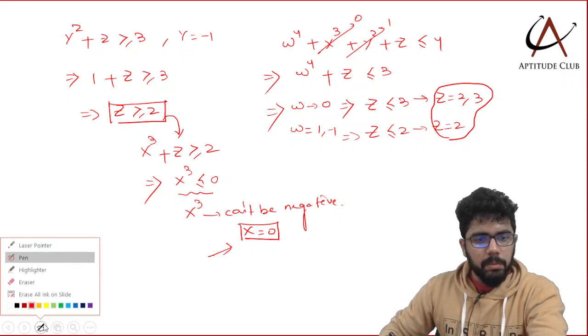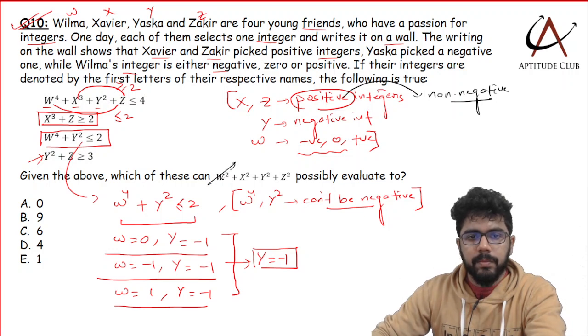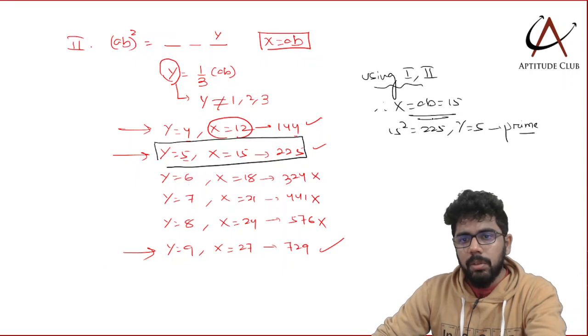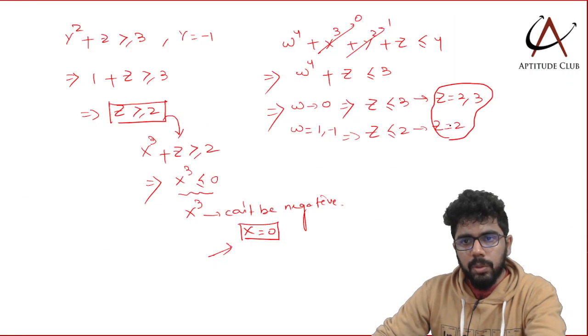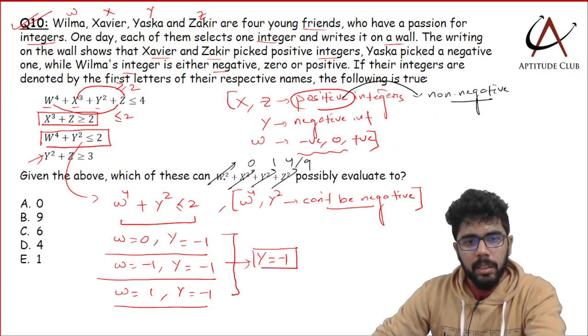Now if I put them in the equation, what is the question asking? Find the value of this. So w square, x square, I got the value of x as 0, तो x square तो 0 है, y square 1 है, z square, the value could be z का यहाँ पे 2 square, 4 or 3 square 9, it can be 4 or 9, and w square, it can be 0 or 1.